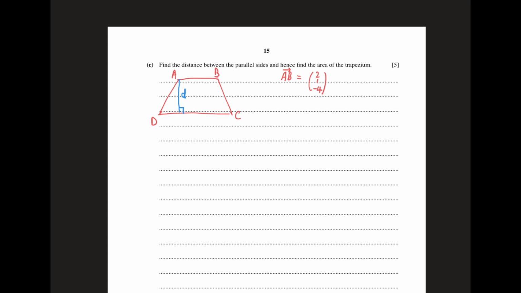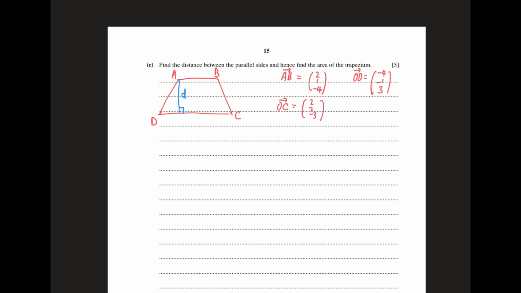I have OD, which is minus 4, minus 1, 3. I have OC also. OC is 2, 2, minus 3.